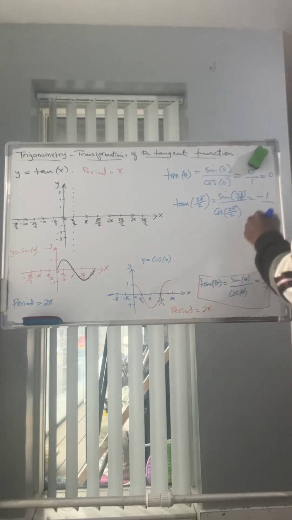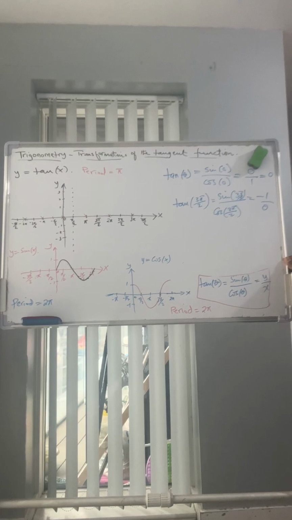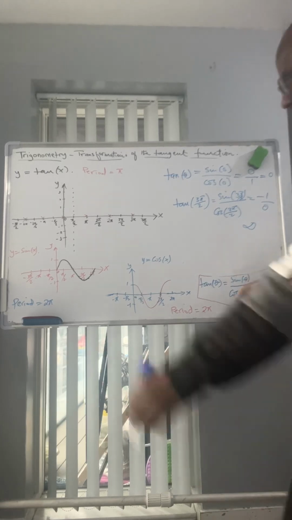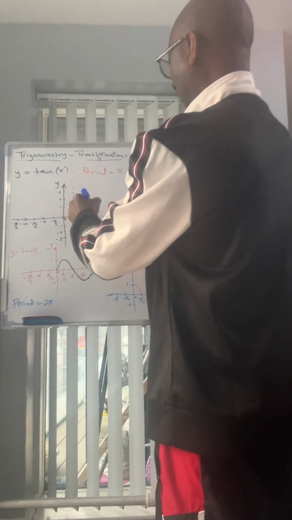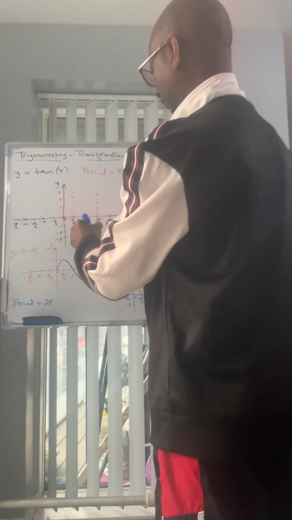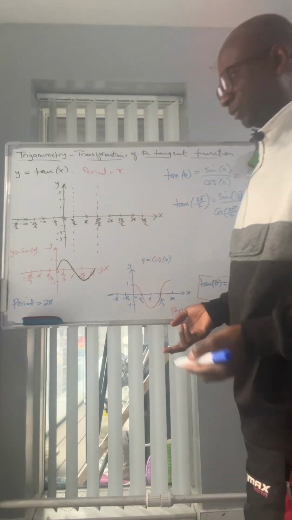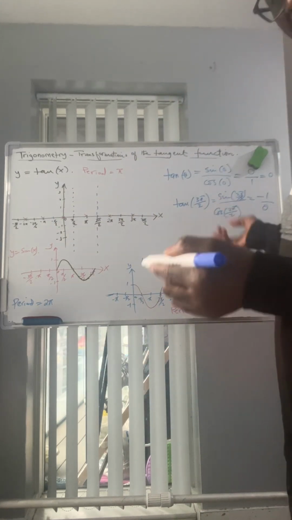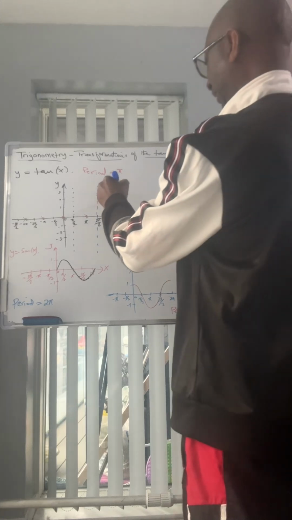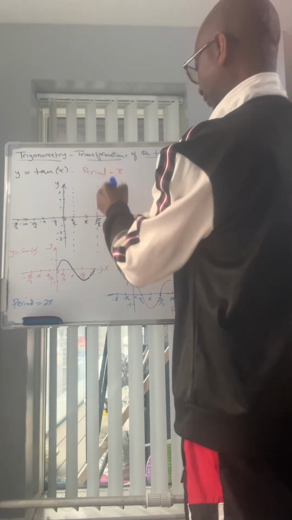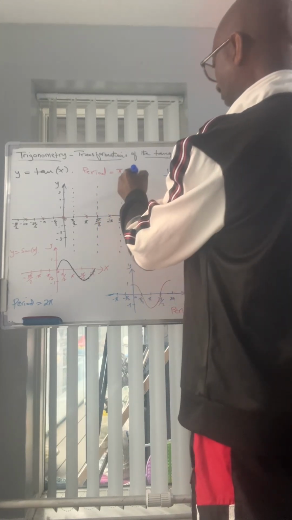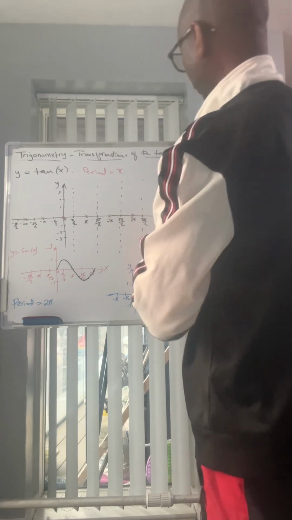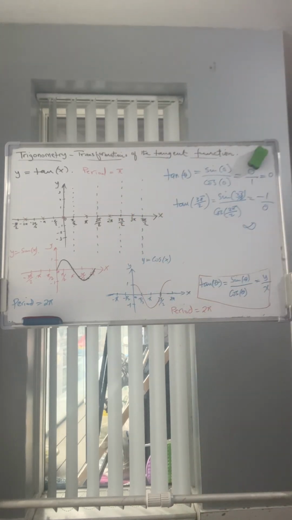Any number divided by 0 gives infinity. So it means we'll have another straight line here. We can now claim that the same thing applies here, likewise here, and there.